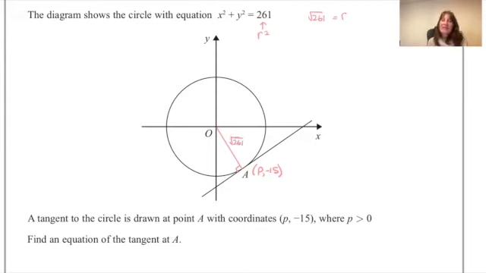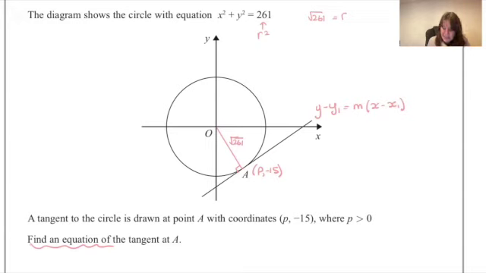Now, I've got to find an equation of that tangent. So my goal at the end of all my workings and thinking is to find an equation for this. If you're being asked to find the equation of a line, you are most likely going to be using the formula y minus y1 equals m(x minus x1).